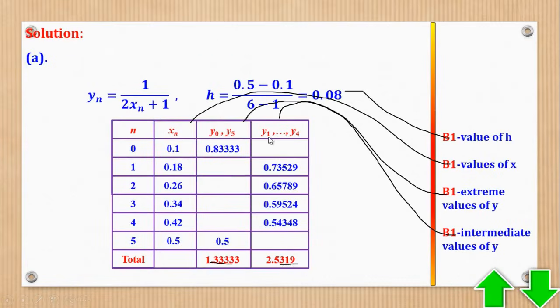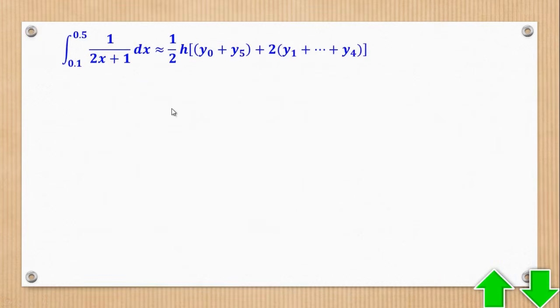I think now you realize why we had to split these two values. So you shall substitute those values in this formula. So when you substitute, you shall come up with that.